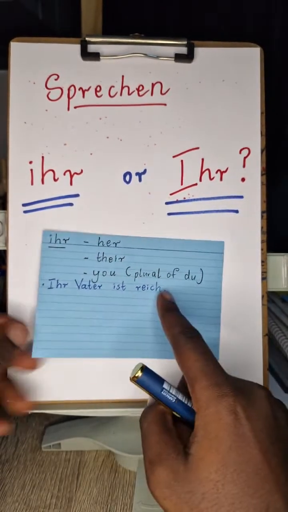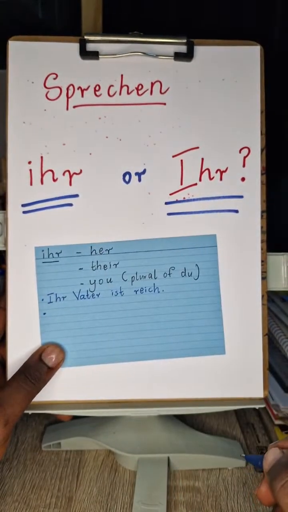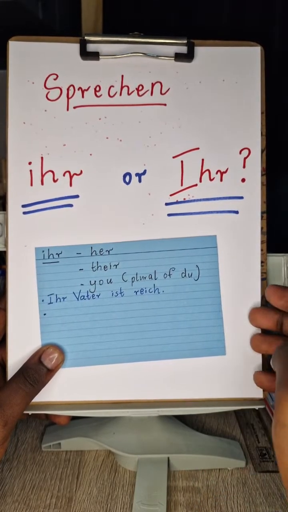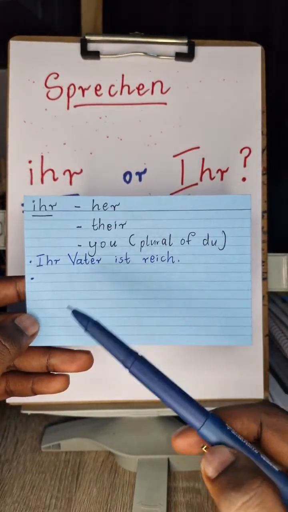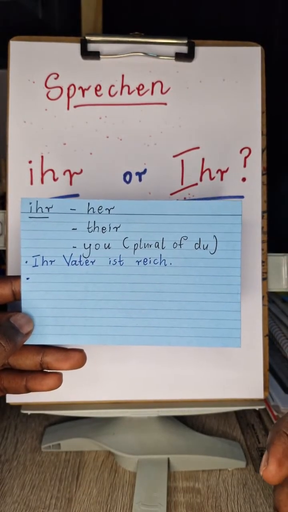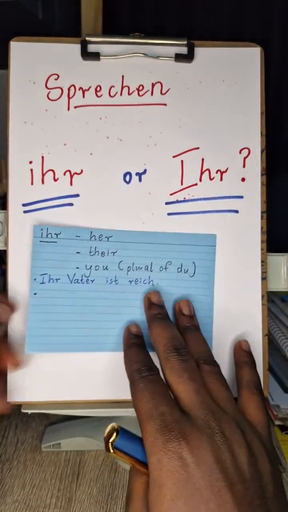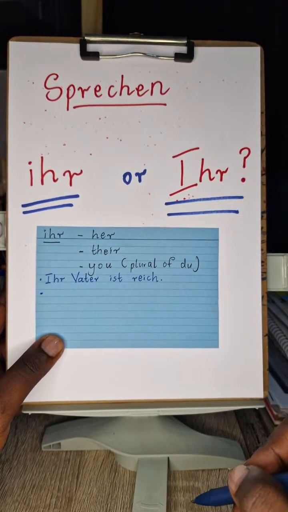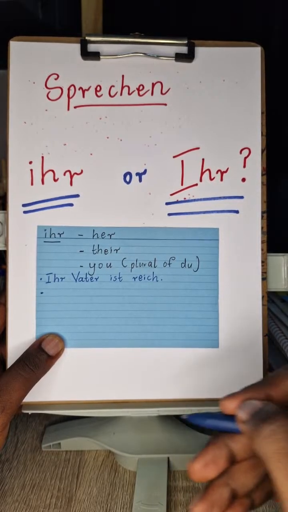Okay. All right. Let's get number two. How would you proceed to say that their car is not here? Now, I'd like you from your end to also try. Feel free to comment in the comment section below. How would you say their car is not here? Now, you remember that when we're using the possessive pronouns, we have to consider the gender of the noun, right?